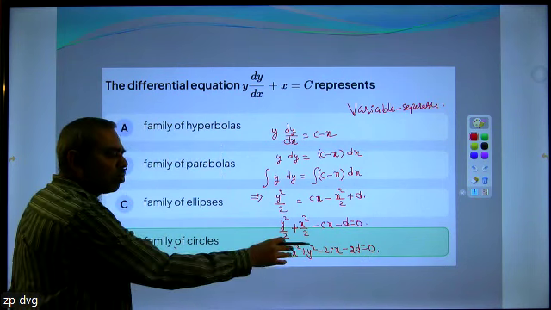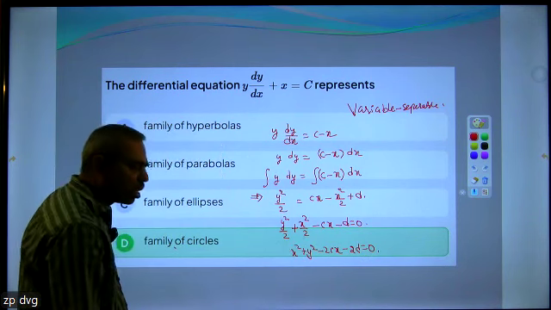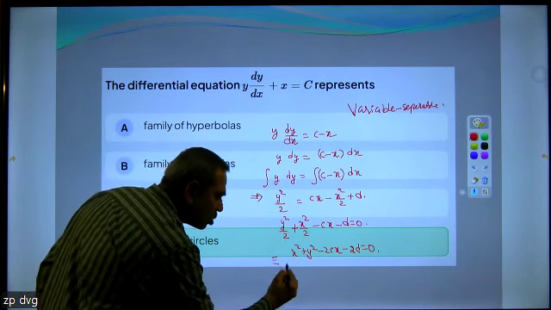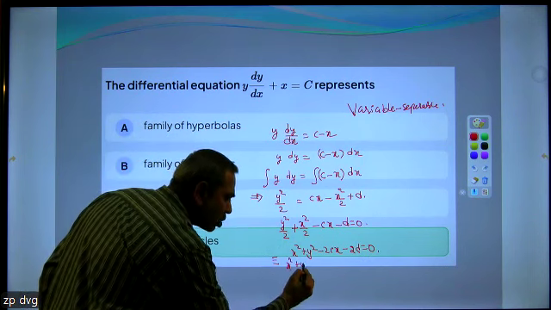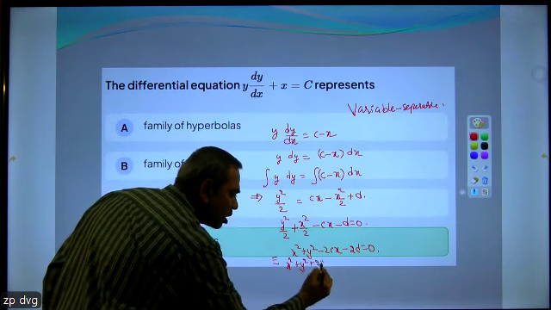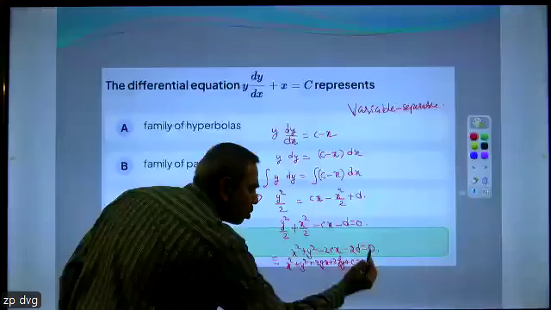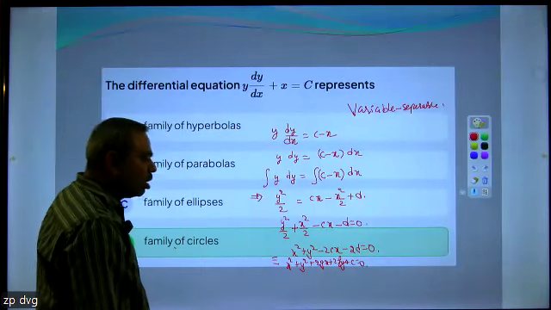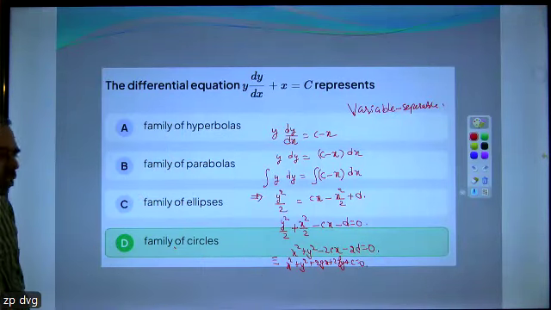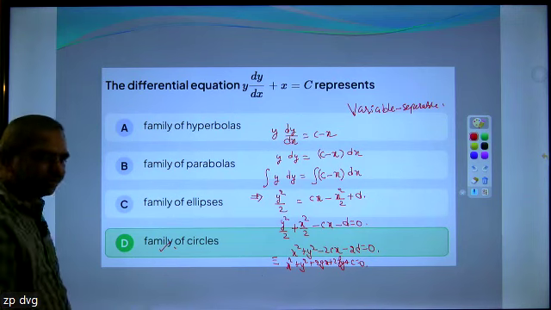If they are the same, this forms what? A circle. Or we can understand it like this: it is like x square plus y square plus 2gx plus 2fy plus c is equal to 0. So what is this called? A circle. So this is representing a family of circles. So this becomes the answer.